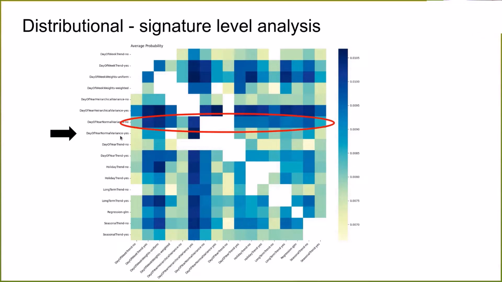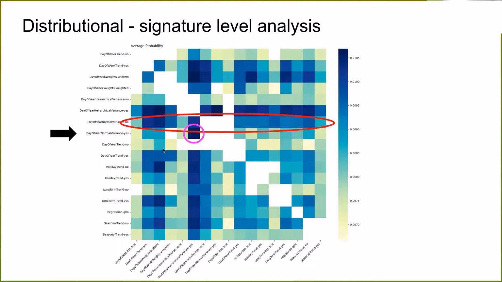But there's a caveat here. If you look at this one, this model, a model that contains both the implementation yes for days of year normal variance and the implementation yes for days of year hierarchical variance, happens to be the model with the highest ELPD in the entire model network.